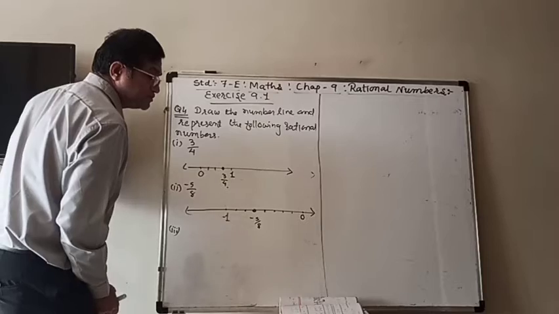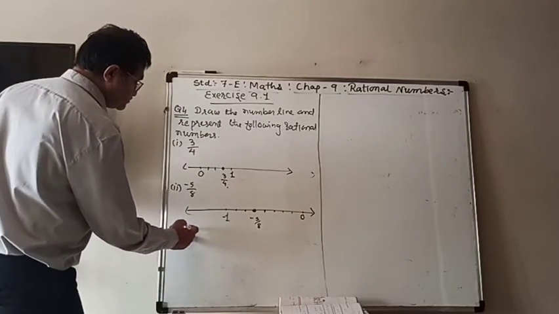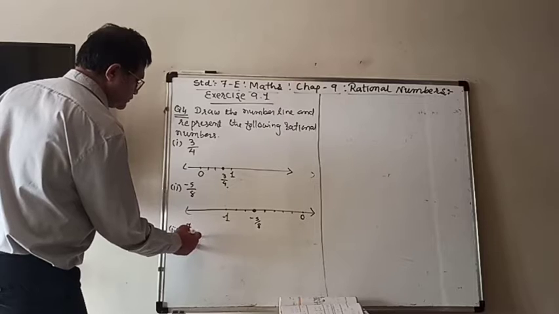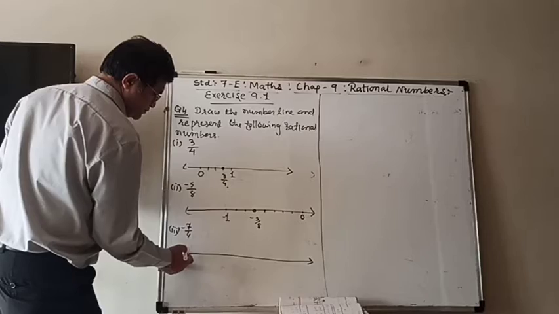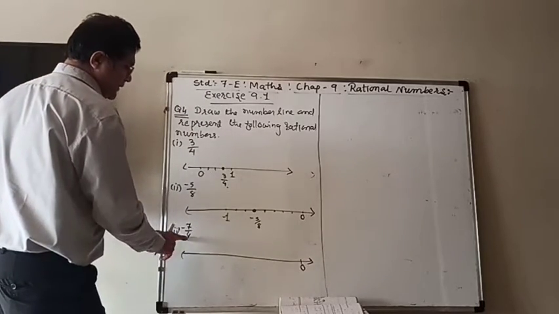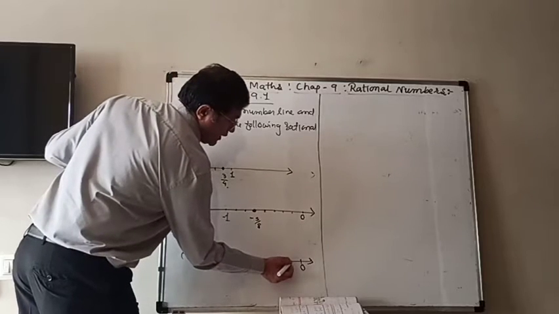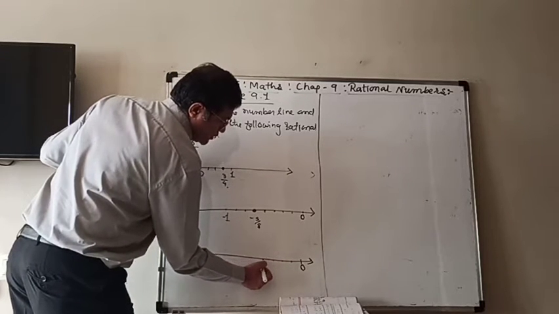Third one is minus 7 upon 4. So now here we have to start from 0 on the right. How many equal parts? 4. So 1, 2, 3, 4.